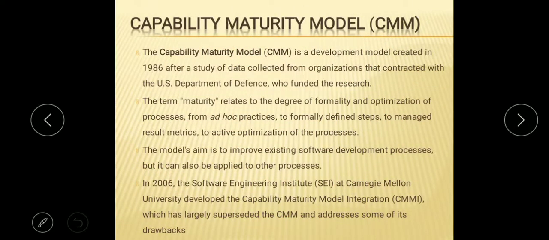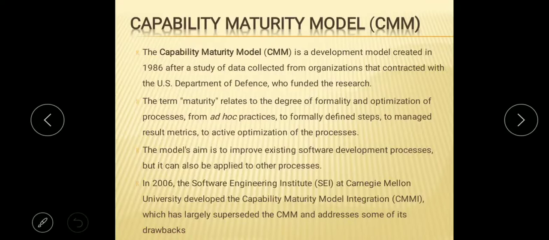The Capability Maturity Model, or CMM, is a development model created in 1986 after a study of data collected from organizations that contracted with the US Department of Defense, who funded the research.